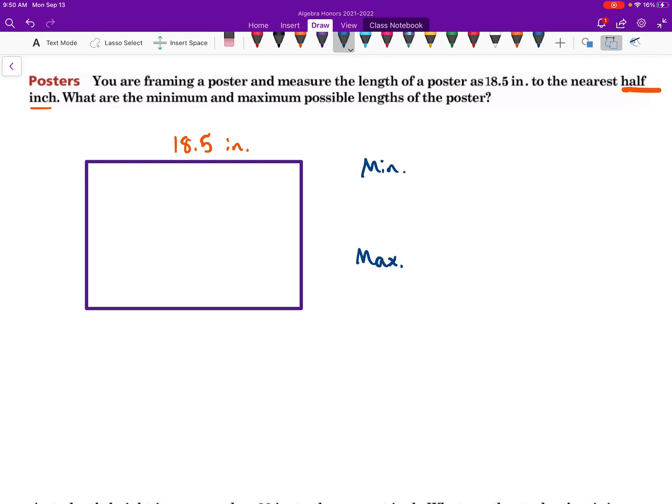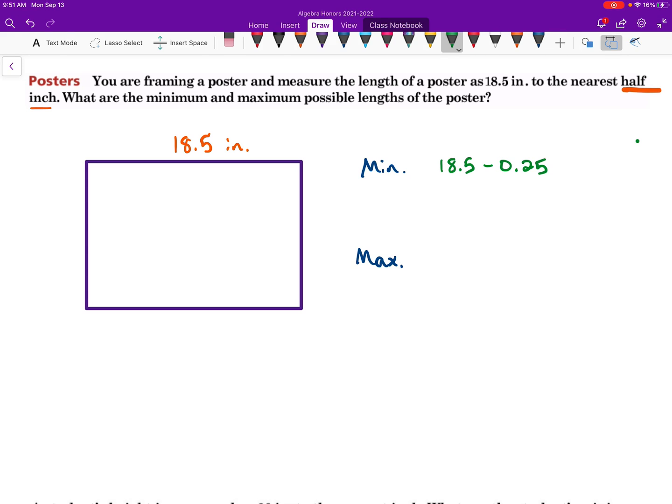So to do that, it says we're off by half of an inch. So really what we have here is we're going to imagine 18.5 is right in the middle of what all of our possible values would be, okay? So since it's a half of an inch, that means that I can take 18.5, and to find the minimum value, I'm going to subtract half of our total amount.